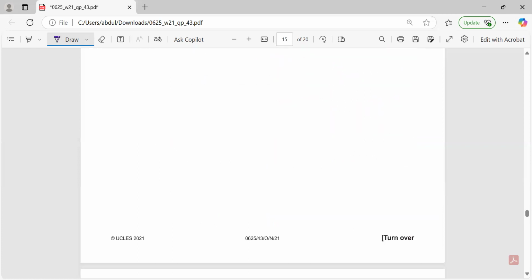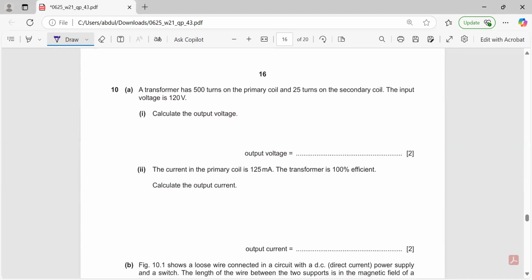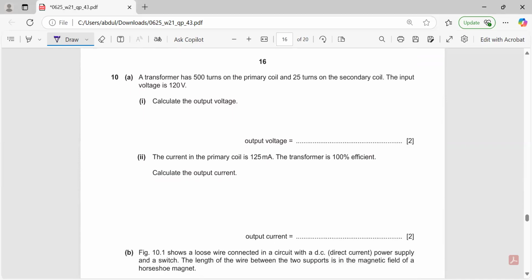Okay, dear friend. Then the next question is on transformers. A transformer has 500 turns on its primary, Np, and 25 turns on its secondary, Ns. The input voltage, in other words primary voltage, is 120. Calculate the output voltage. It means Vs we need to find. Vs over Vp, the voltage ratio, is equal to the turns ratio, Ns over Np.